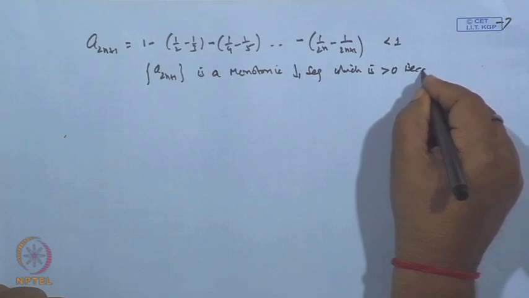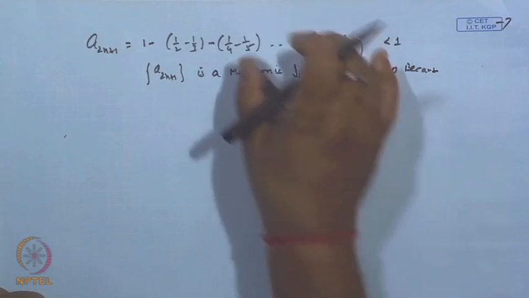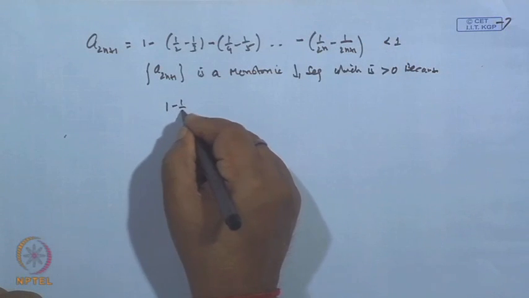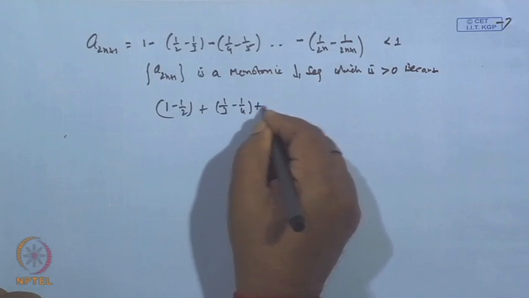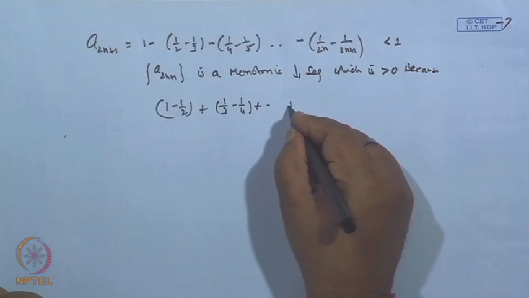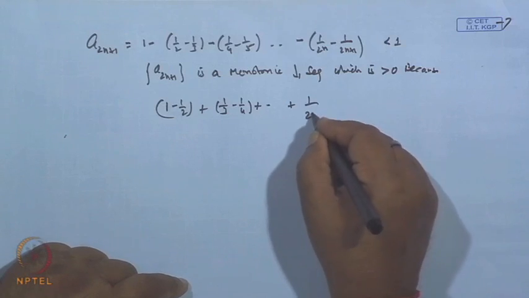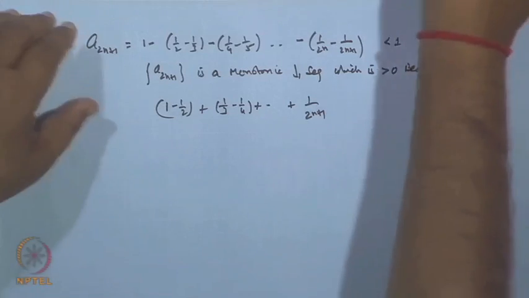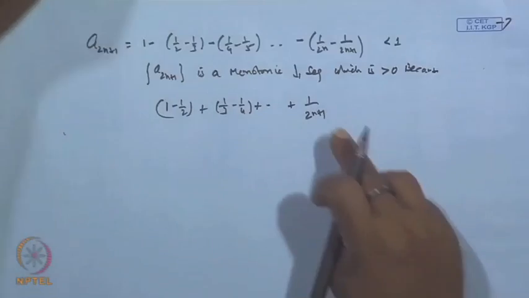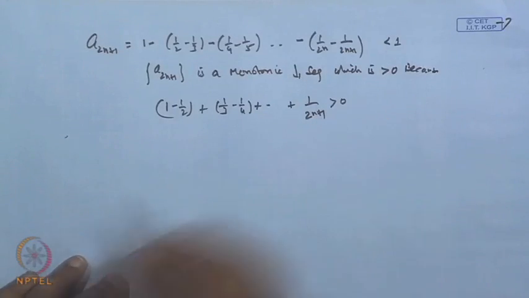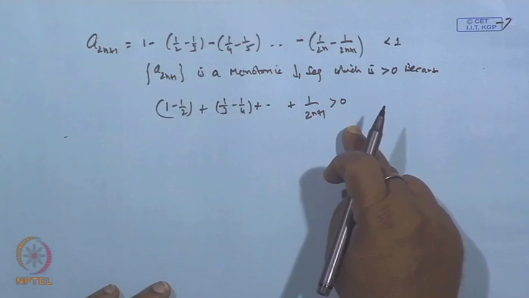Because if I take 1 minus 1/2, 1/3 minus 1/4 like this, then what happened to this? The last term will be 1/(2n+1), because when n is odd, this term will be positive. So, the last term will be this. This is positive.